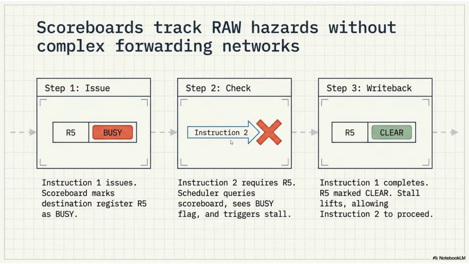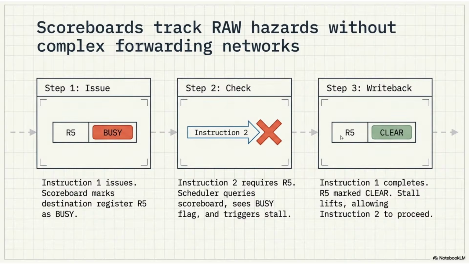For example, if instruction 2 comes in and it requires R5, register 5, what it will do is stall. In simpler terms, it would stop that instruction in the pipeline because R5 is already busy, and instruction 2 will get access to R5's data after R5 is written back to the register file.